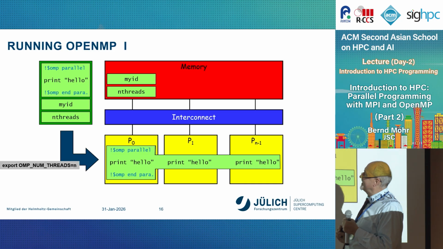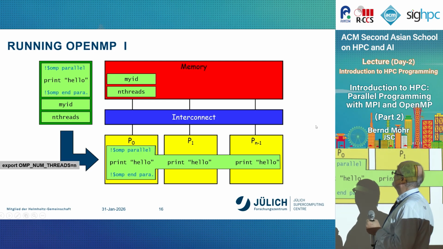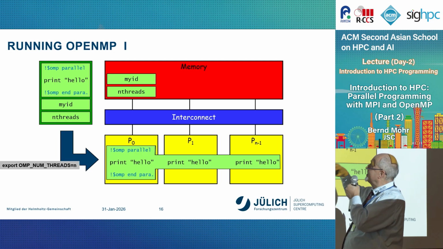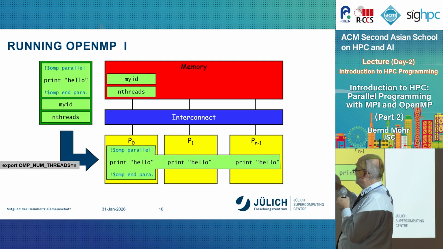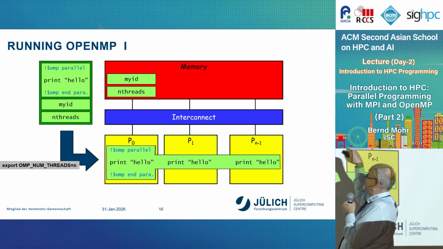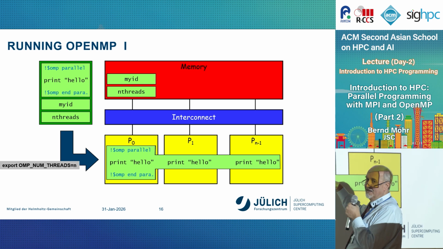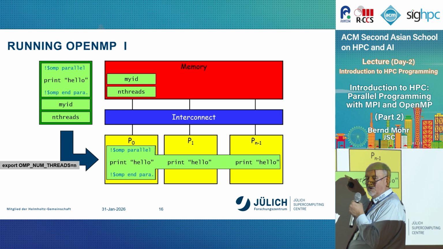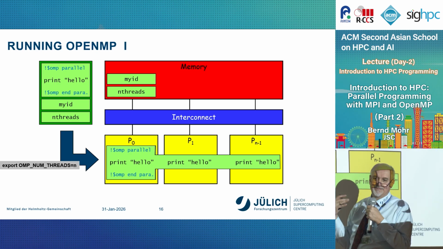The problem now, you see here, yeah, you have only one copy of myID and n threads, because the default of data is shared. Every thread is using it. But if you're doing that, everyone is printing out something, depending on the order of who is calling OMP get thread number before the print.